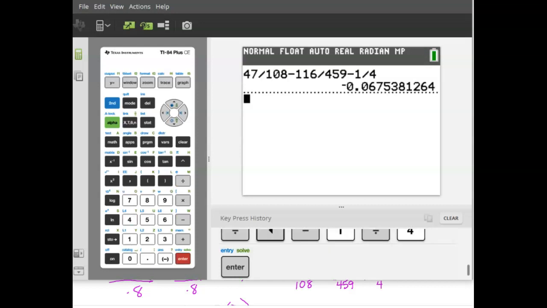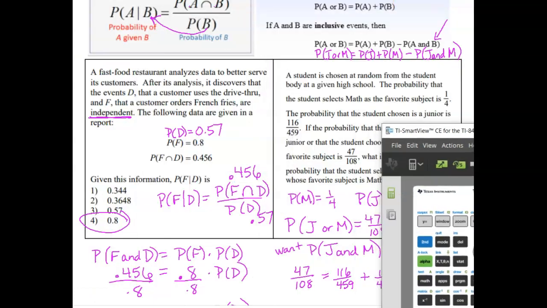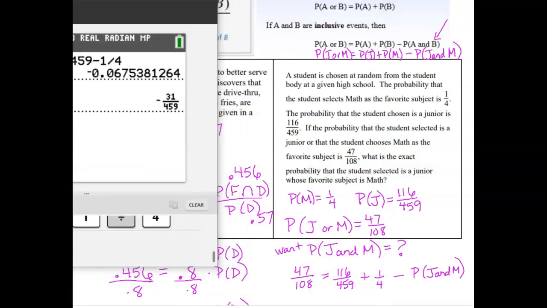Okay, now it's going to give us a decimal, which is fine. I can change mine to a fraction. You can also just type as a fraction, but math, and I want to go to fraction. And so there we go. I get negative 31 over 459. So negative 31 over 459.